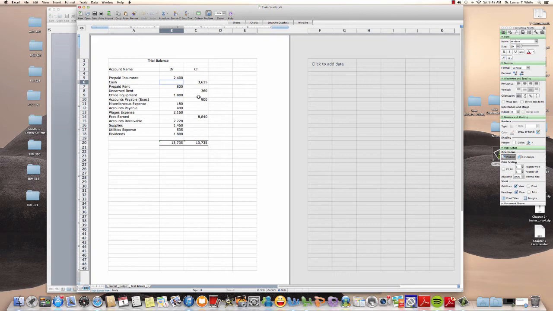Here's an example. If the debit column total is 20640. So let's say this total came out to be 20640. And the credit column total is 20236. All right.